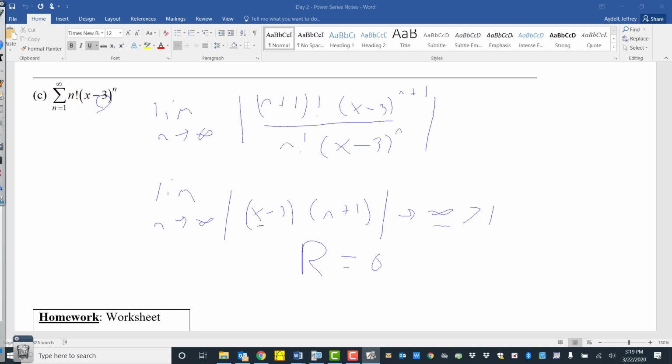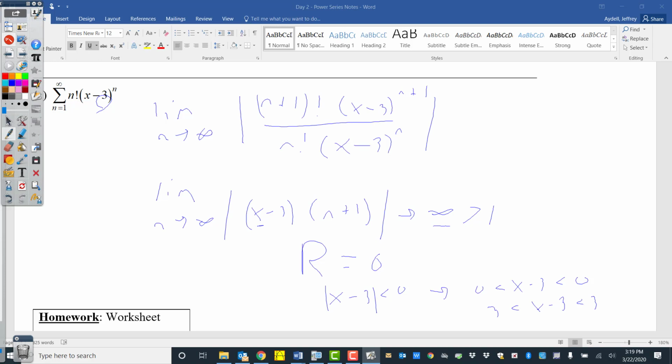If you were going to do it, you'd say absolute value of x minus 3 is less than 0, and so that says 0 is less than x minus 3, which is less than 0, so 3 is less than x, which is less than 3.